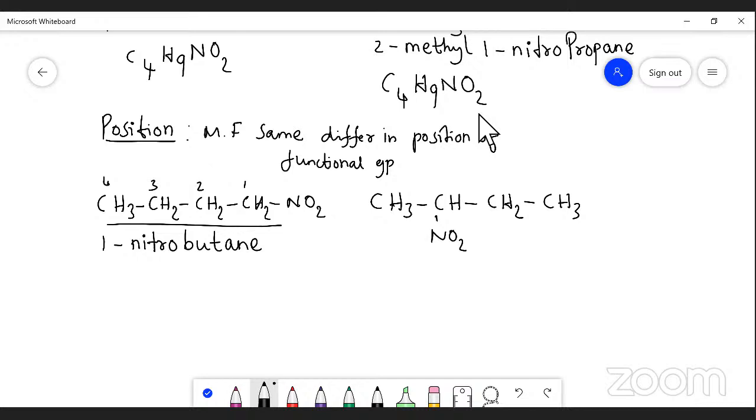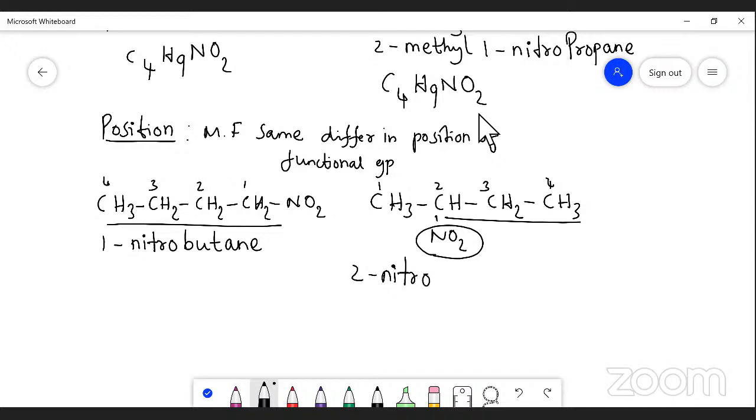Okay, the second compound, how to give the name? You move through the first, second, third carbon, and the fourth carbon. Your second carbon contains the functional group. How many carbons are present? 4 carbons. That is the main chain. So the second position has the nitro, prefix nitro, position 2.